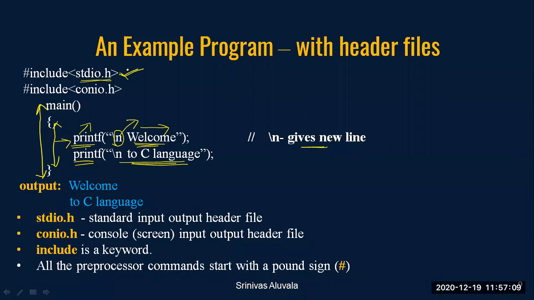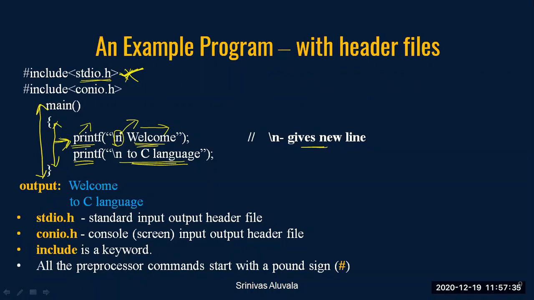If I don't use stdio.h in my program, my printf doesn't have any meaning. My computer, my system, my compiler doesn't know what printf is. So if my compiler needs to know what printf is and print welcome, I should make use of stdio.h.